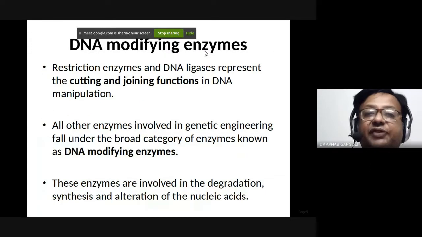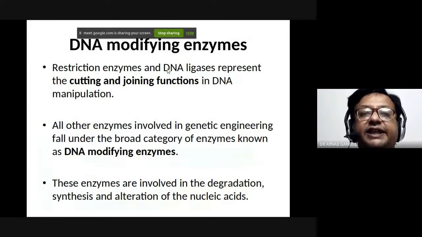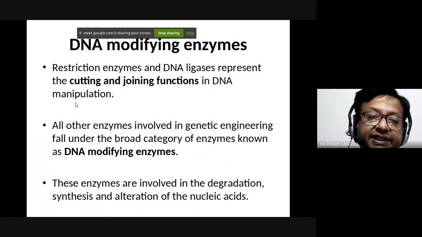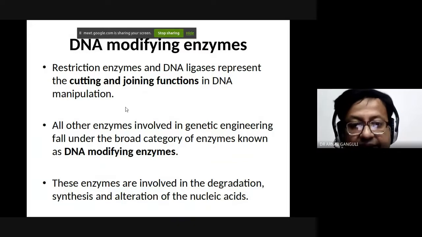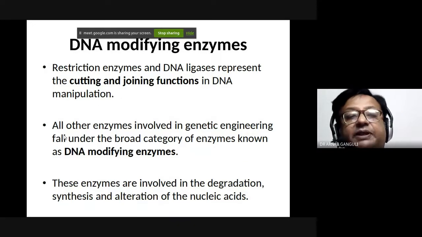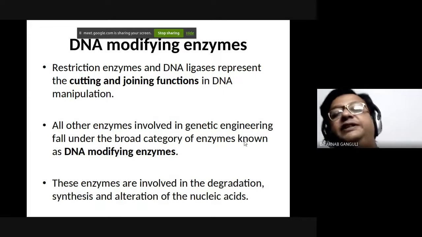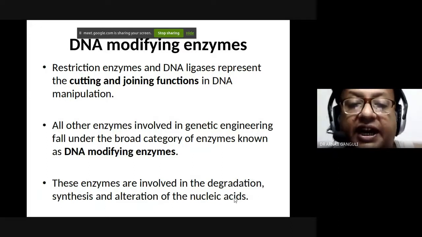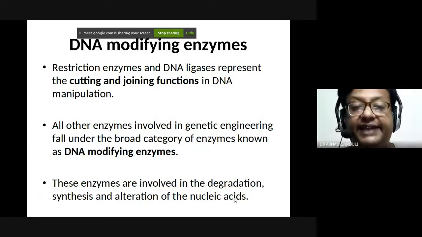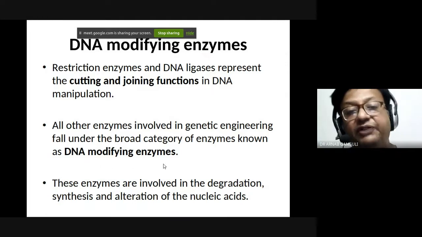So, DNA modifying enzymes. Restriction enzymes and DNA ligases represent cutting and joining functions in DNA manipulation. Apart from this, all other enzymes involved in genetic engineering fall under the broad category of enzymes known as DNA modifying enzymes.